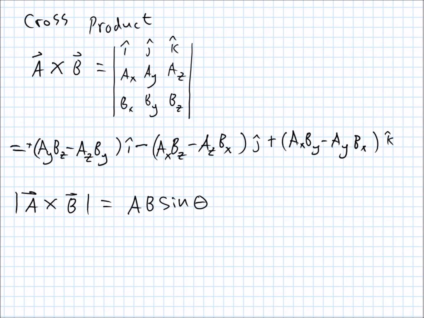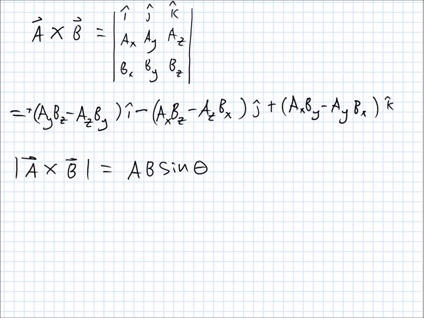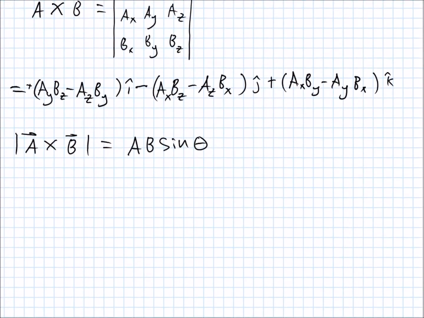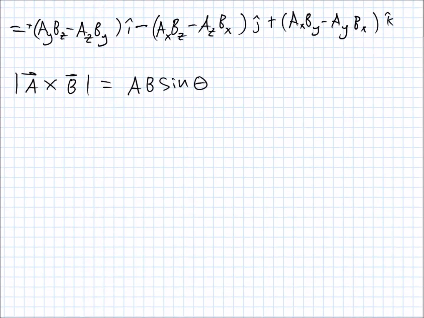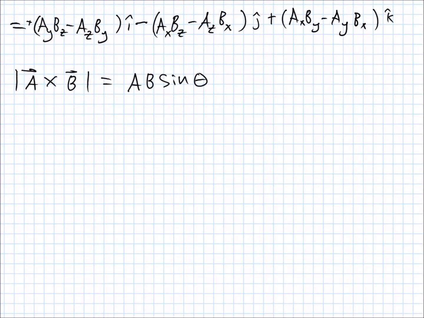Let's do one similar to one we've done in the past for the dot product, but this time let's pick a problem that uses the cross product. So a problem could give you two vectors. Say, here I go.